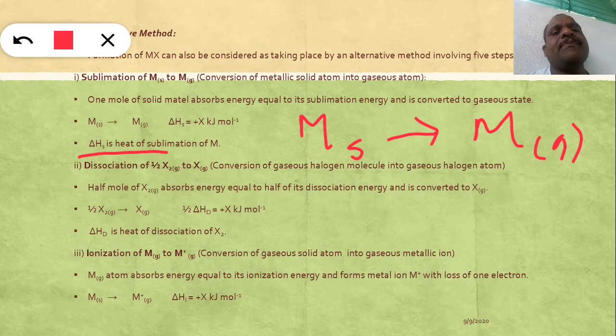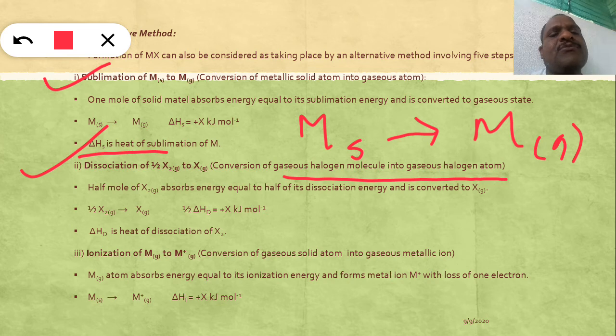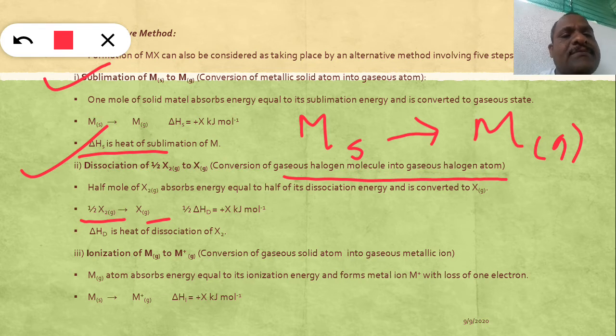This is the heat of sublimation of metal, which is expressed in kilojoules per mole. Now the second step is dissociation of halogen. As we know, halogen exists in molecular form. So first we want to dissociate those gaseous molecules into gaseous halogen atoms. So 1/2 X2 molecule in gaseous state is converted into gaseous halogen atom.